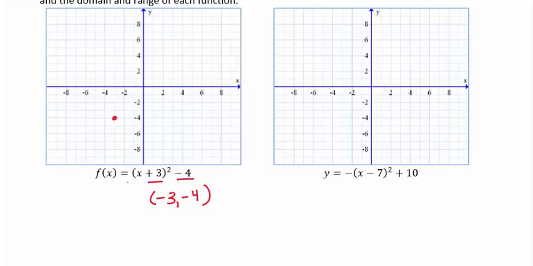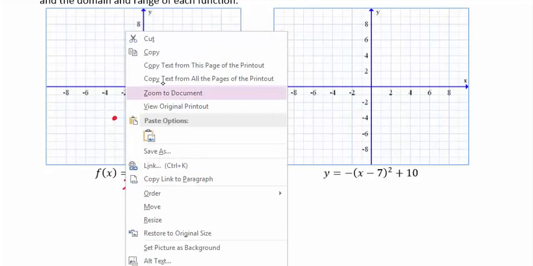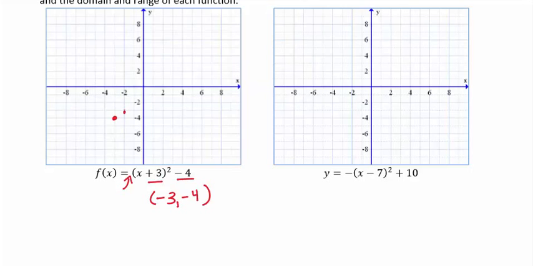Next thing, figure out whether this opens up or down, and we do that by looking at the sign in front. There's no negative, so it will open up. And since a is 1, we don't see the 1 written there, but there's no number there, so that's how we know. Then just follow the 1, 3, 5 pattern to graph it. So up 1, right 1. Whoops, sorry about that.